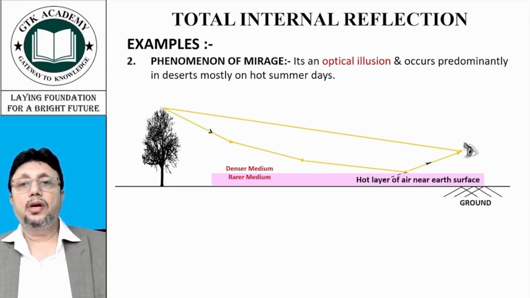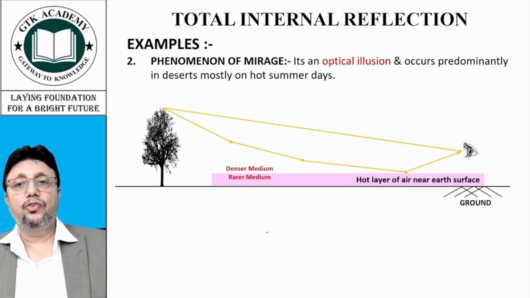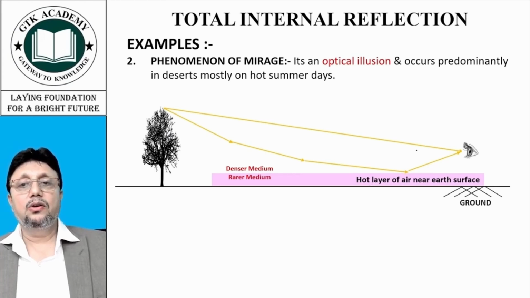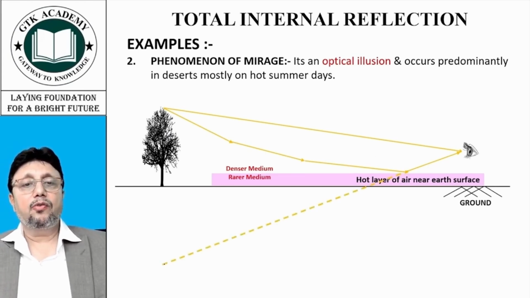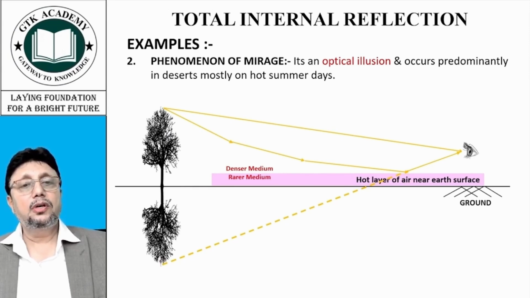So it appears to be coming from, say, beneath the ground. If you trace this ray to the ground, it will appear that the ray is coming from this point. That means the image of the tree will be formed, an inverted image is going to be formed like this.